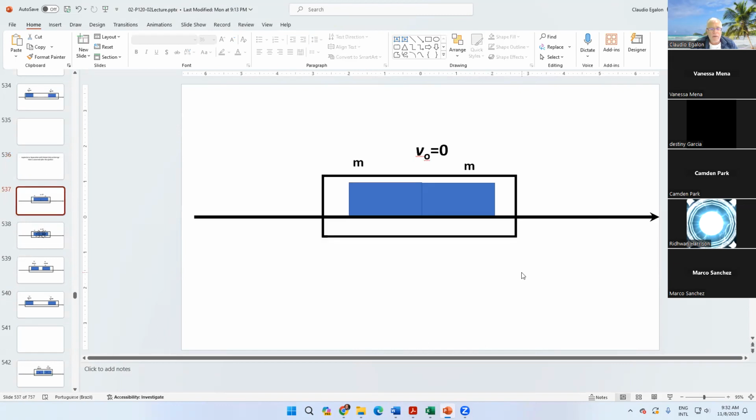So here you go, the situation goes like that. The two objects are initially at rest.